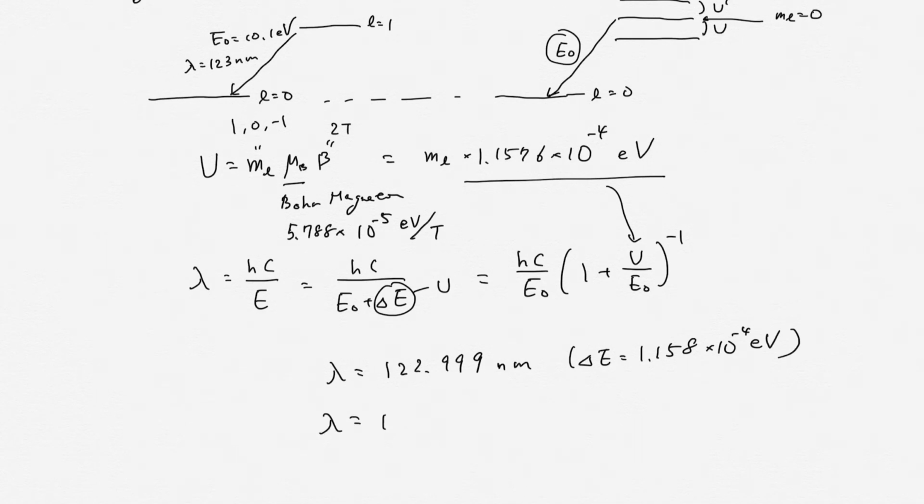The other case is 123.001 nanometers. This is the negative case, minus 1.158 times 10 to the minus 4 electron volts. Okay, this is the answer to this practice.